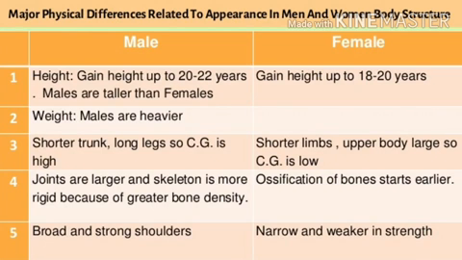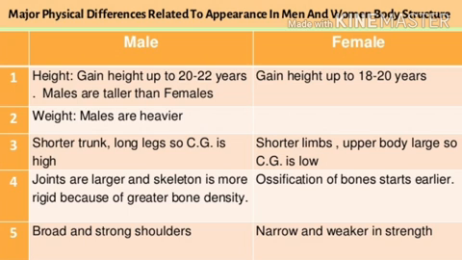So the major physical differences related to appearance in men and women, body structure. First, we will discuss them one by one. First is height. Males gain height up to 20 to 22 years and are taller than females. Females gain height up to 18 to 20 years, and are shorter than males.